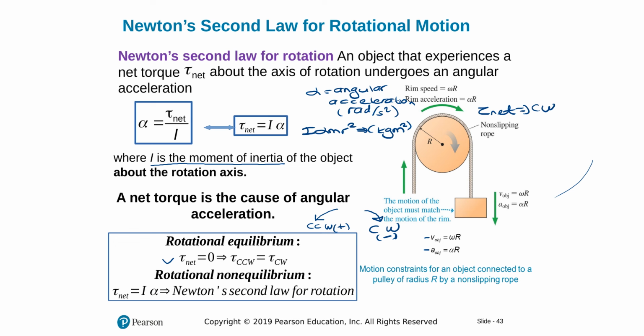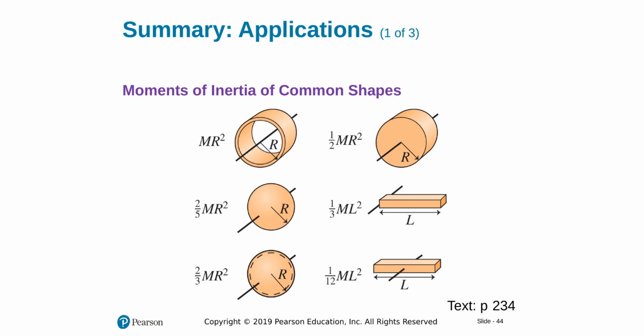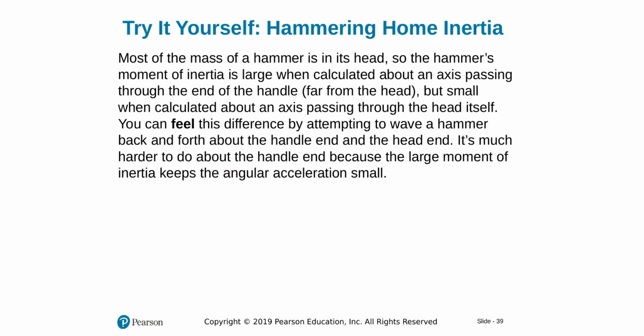We can easily define angular velocity as how much in angle an object spins in a certain time. That would be angular velocity. Here is a list of moments of inertia for common shapes, and I'm gonna solve some problems now.